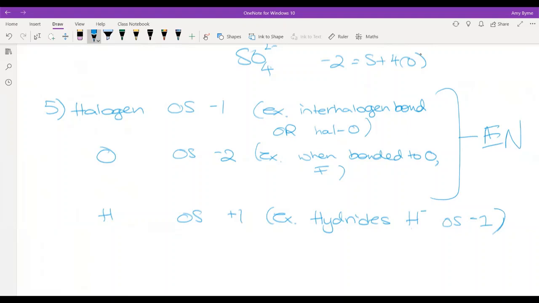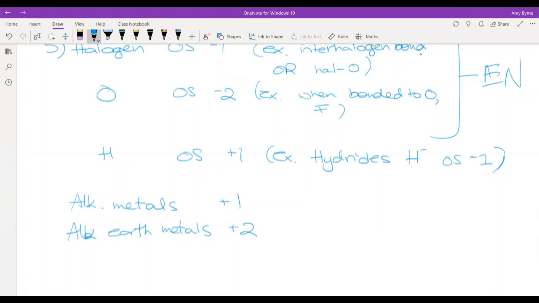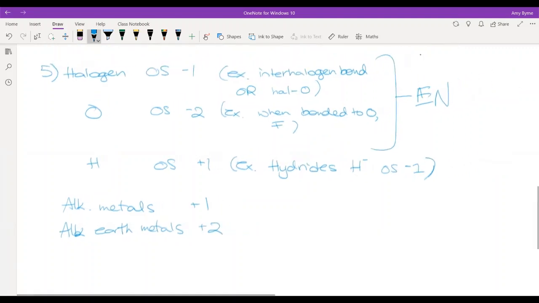So oxygen, hydrogen, halogens. Then you've basically got your alkali metals are going to be +1, and your alkaline earth metals are going to be +2. Everything else, carbon, nitrogen, all of our transition elements, they will vary depending on what they're bonded to.